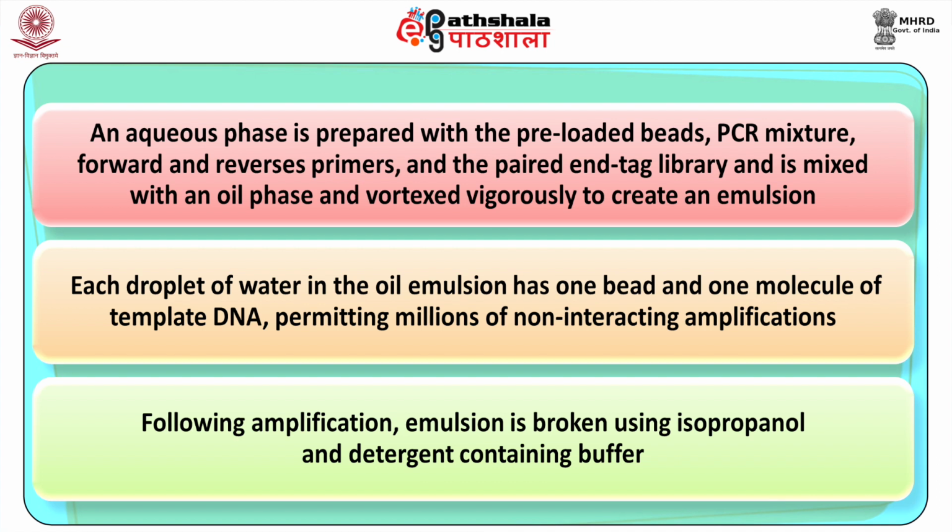Each droplet of water in oil emulsion has one bead and one molecule of template DNA, permitting millions of non-interacting amplifications. Following amplification, the emulsion is broken using isopropanol and detergent containing buffer.